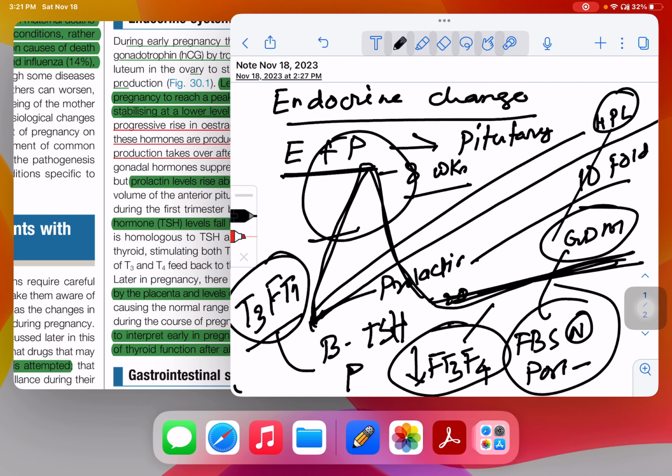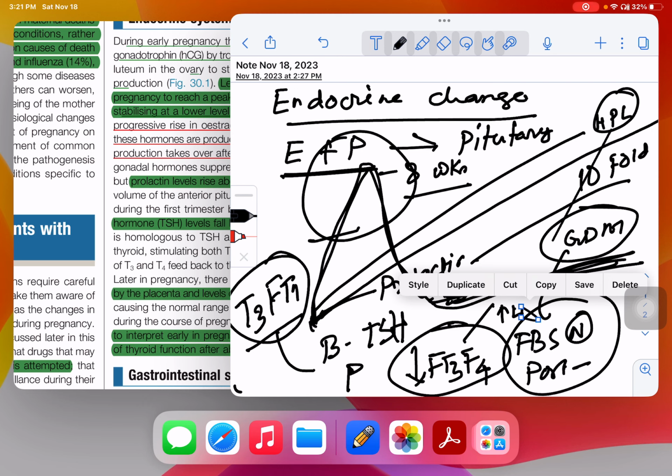And there is also thyroid binding globulin, with increased production by the liver. During the second and third trimesters, there is increased thyroid binding globulin, but decreased FT3 and FT4.